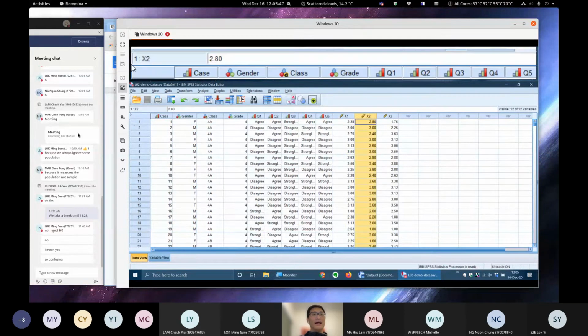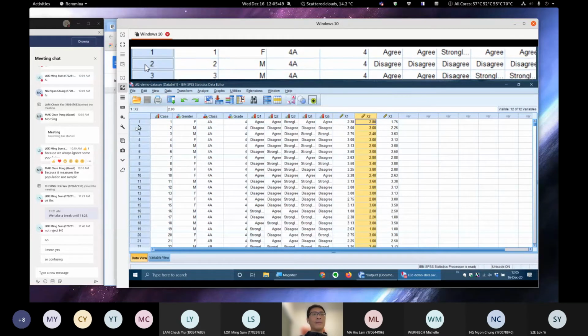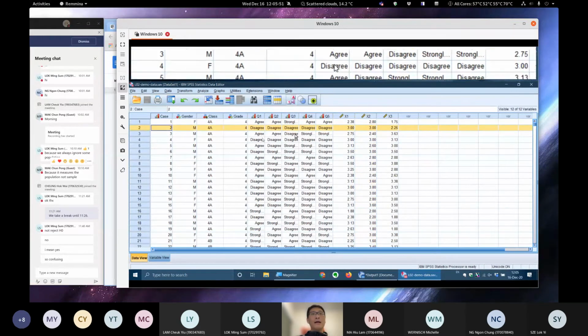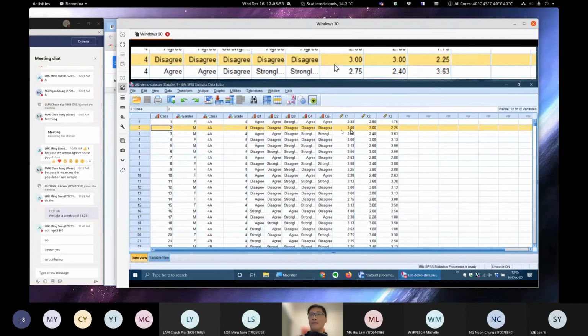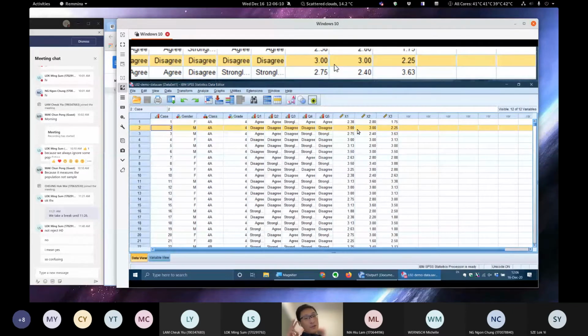Let's say for each student I have the values x1, x2, x3. What if I want to know if people's mean score in x1 is the same as or different from their mean score in x2? So we are not comparing two groups of people, but the same group of people over two different variables.